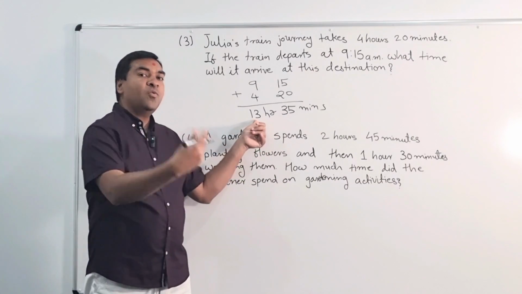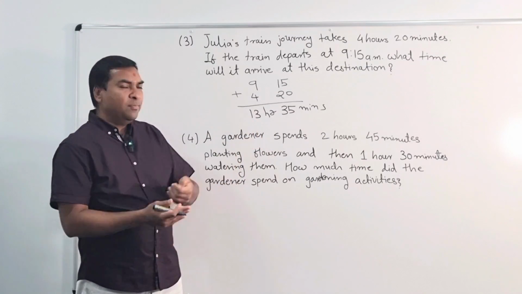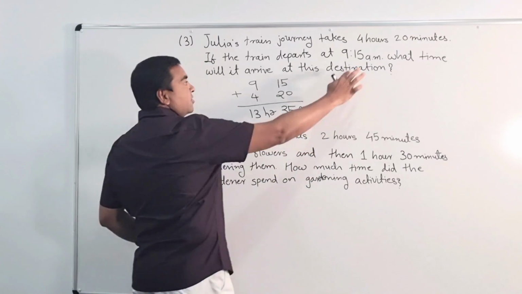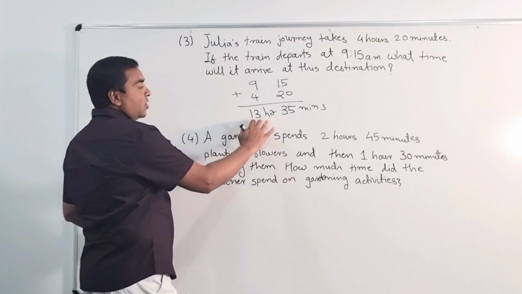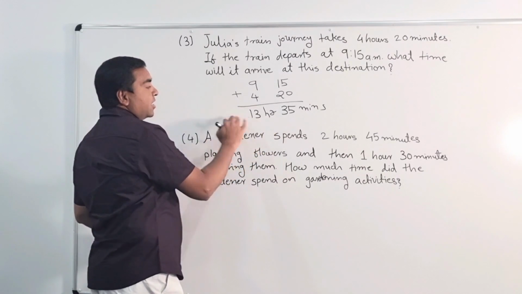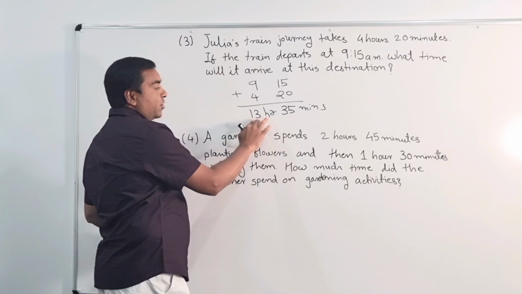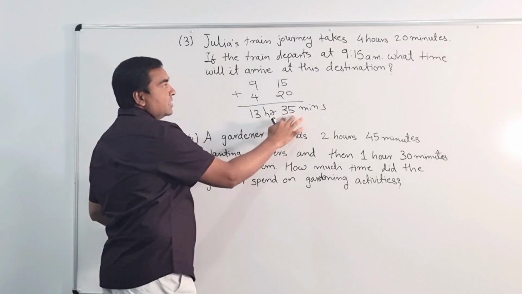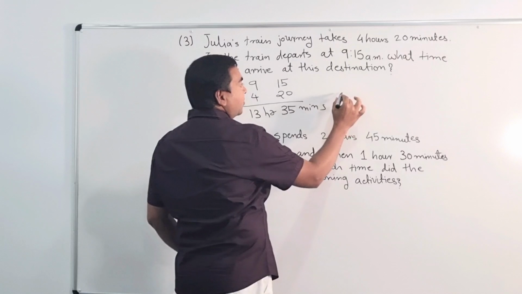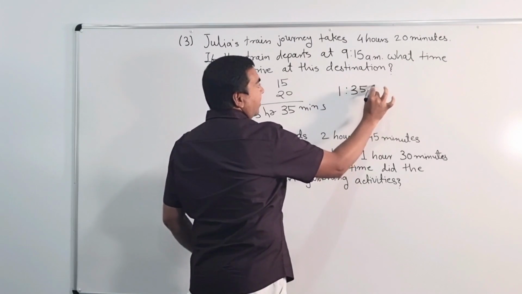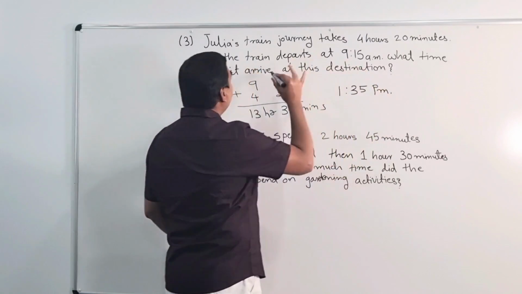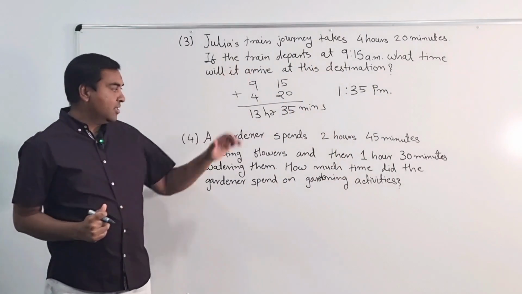Anything after 12 is going to be PM, because they're using AM and PM, so we should convert into PM. So 12 I can take off, and after 12 it's going to be 1:35 PM. That's the time the train will reach the destination.